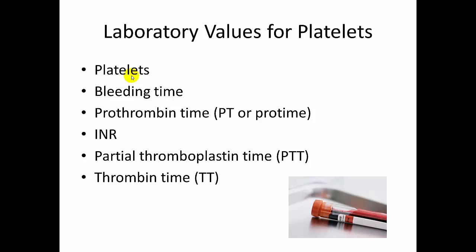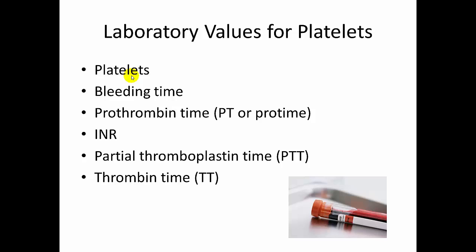INR normals are 2 to 3.5. And this will depend on whether or not they're on therapy. So depending on if they're on Coumadin therapy, then we want longer or higher INR, but typically 3.5 is over.